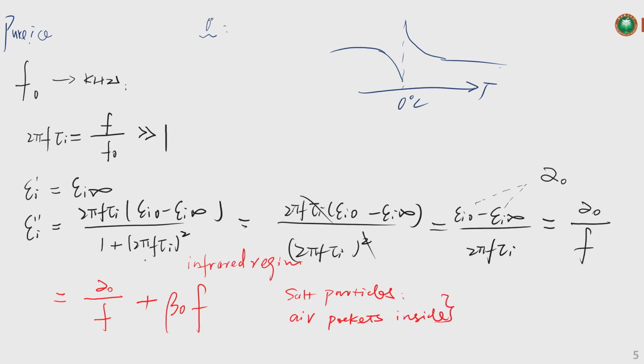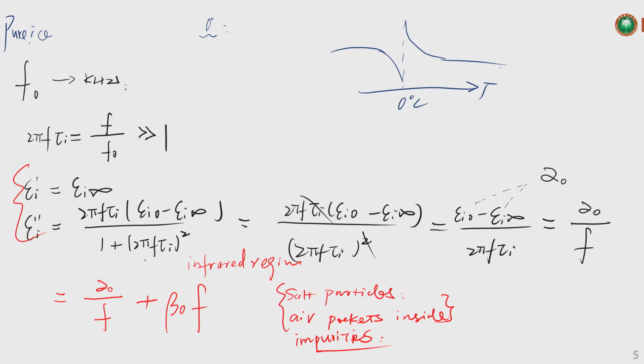So this would lead to a change of the expressions for the dielectric properties of the ice. This is what we're going to introduce later. Besides all these particles or pockets, there will also be some impurity, especially for the ice on the Earth.